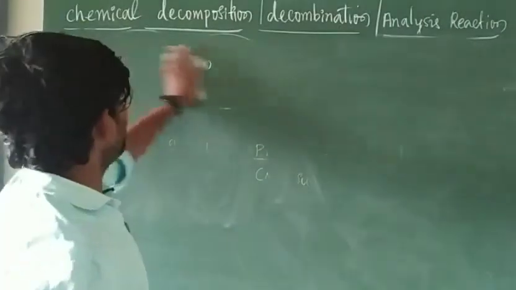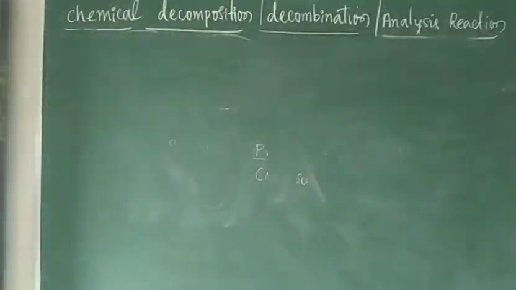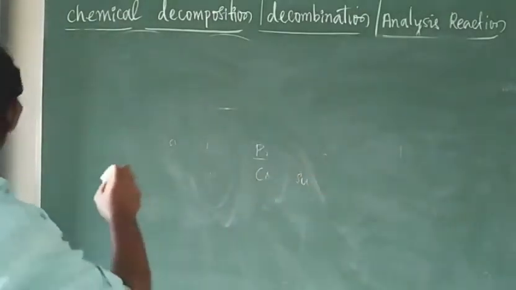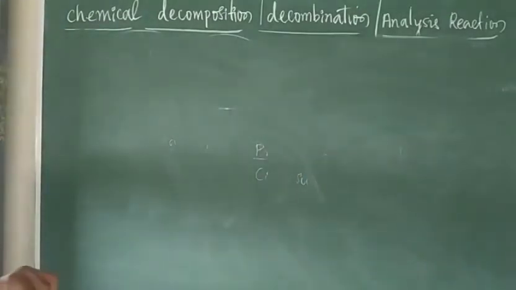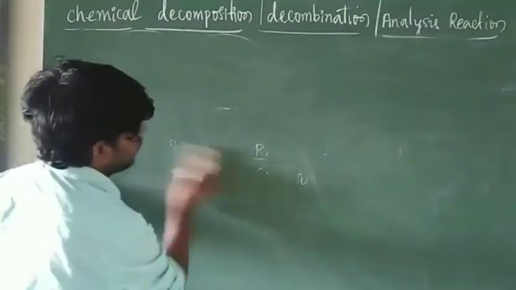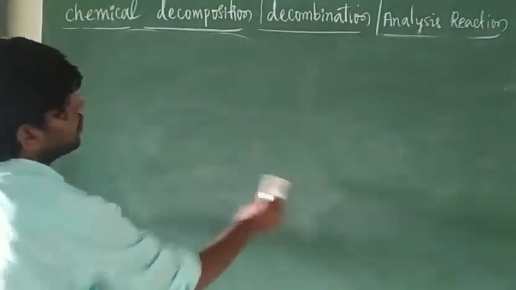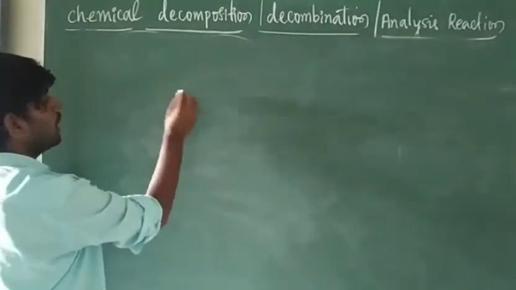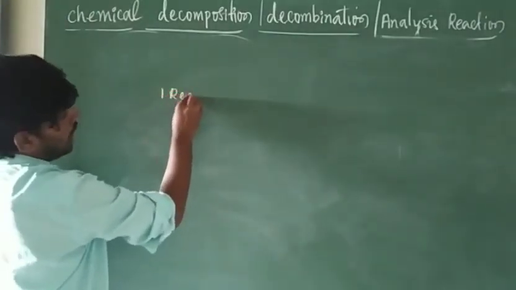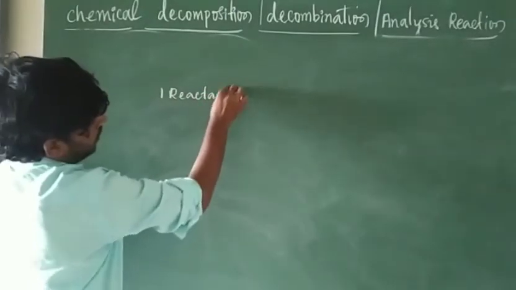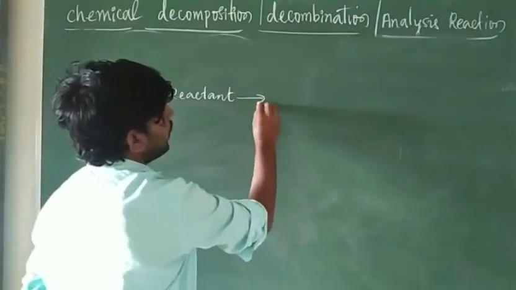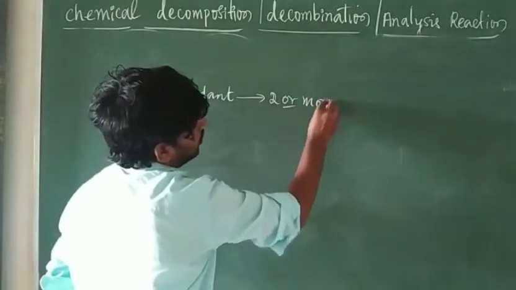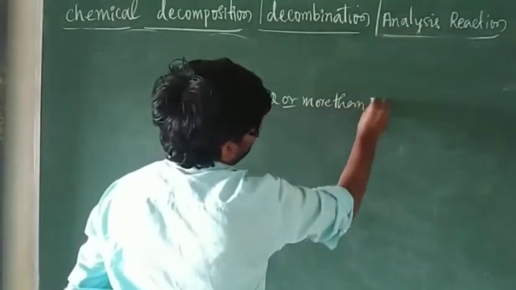Now we are going to discuss chemical decomposition reaction. Here there will be only one reactant, and how many products? Two or more than 2.